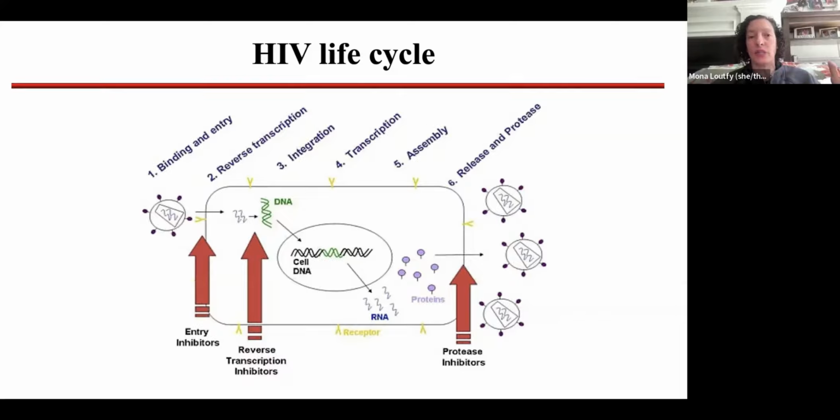We did studies in the early days where we had 3 drugs from the same replicative cycle section, and that doesn't work. You need 2 or 3 drugs from 2 different parts of the replicative cycle, blocking replication at 2 different sites.